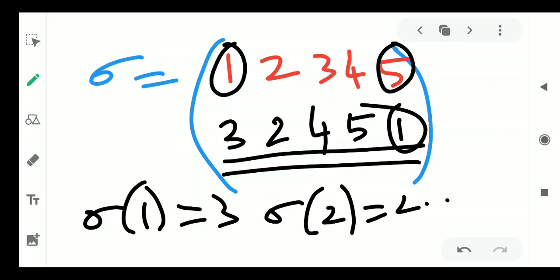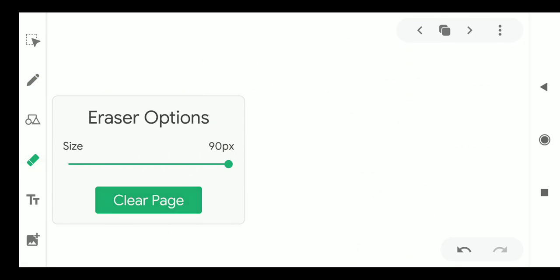Here it is S5. One more example where I will show you how to compute the composition. So let's take two permutations from S5.